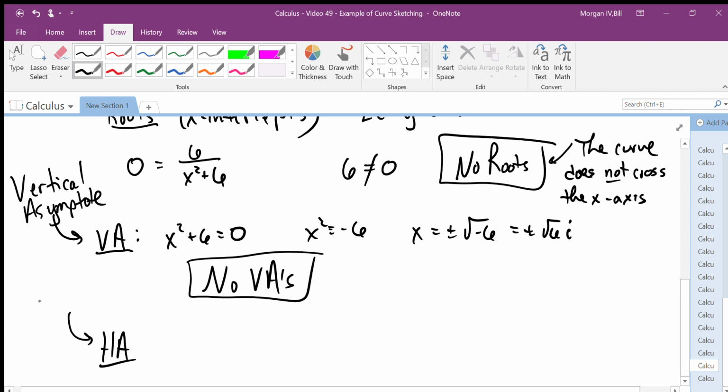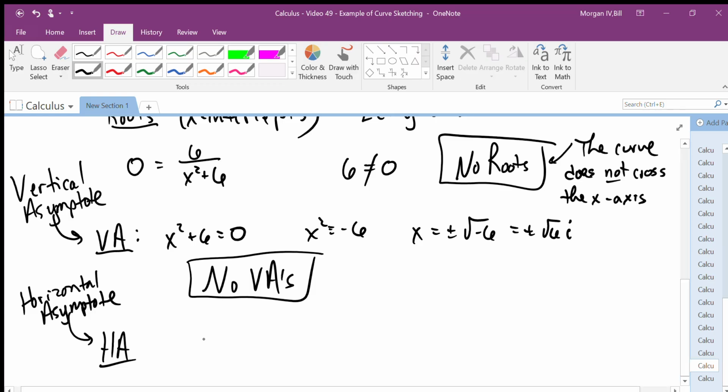And HA, horizontal asymptote. If you remember, there's 3 rules for horizontal asymptote, and they all have to do with the degree of the numerator versus the degree of the denominator. The horizontal asymptote, you're thinking, is what happens to the function, to the y value, when x goes to infinity or when x goes to negative infinity. Think about what happens when x gets really, really large.